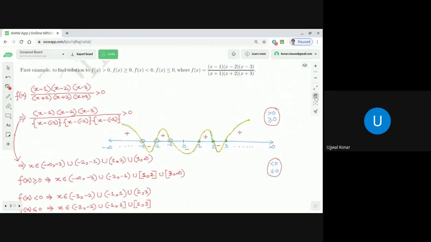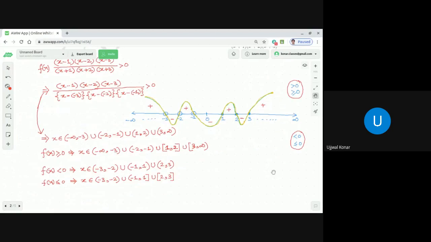If you see here, for f(x) less than 0, we found this solution. But when f(x) is less than or equal to 0, one open interval was there, we made it a closed interval. Second open interval was there, we made it a closed interval. Third open interval there, we made it a closed interval.